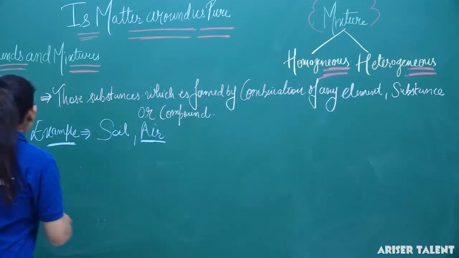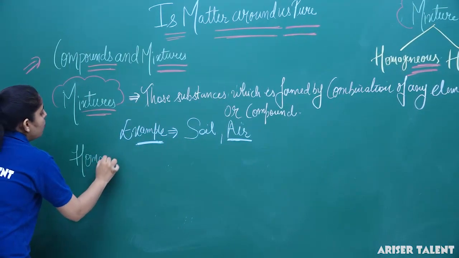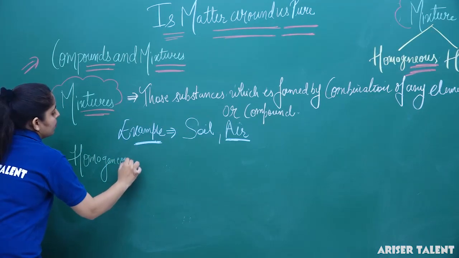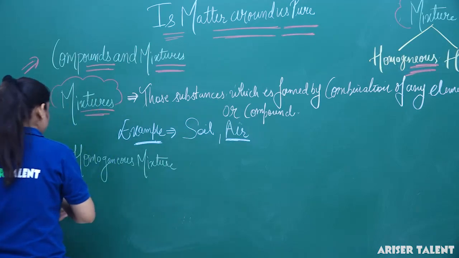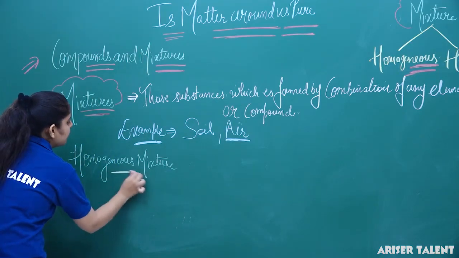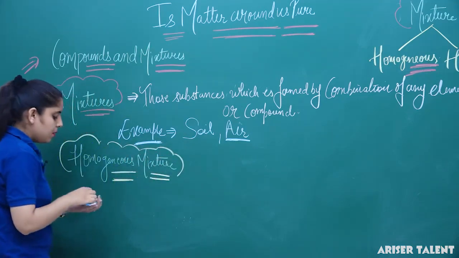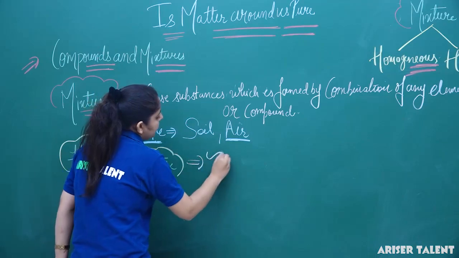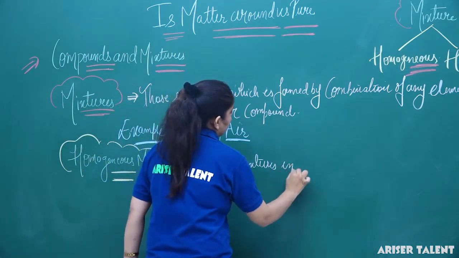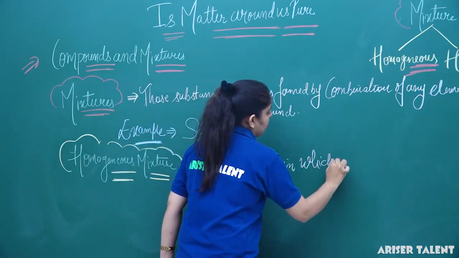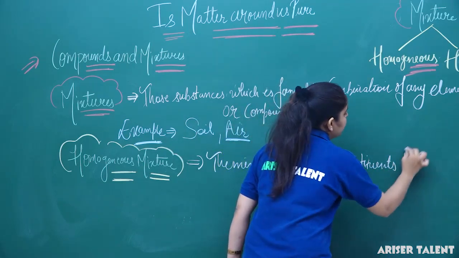So now let's move to the first category, that is homogeneous mixtures. The word homo means same, so it will be the same type of particles. Homogeneous mixtures are the mixtures in which constituent particles are uniformly distributed.